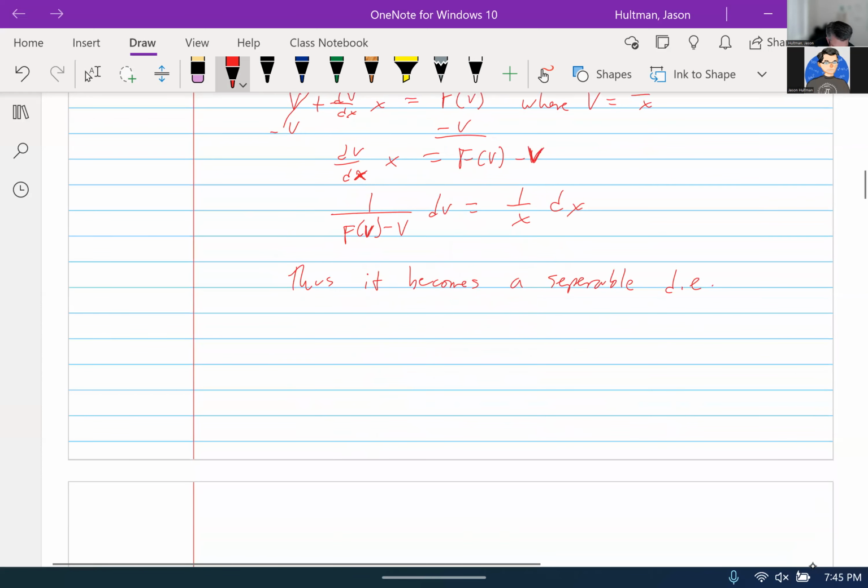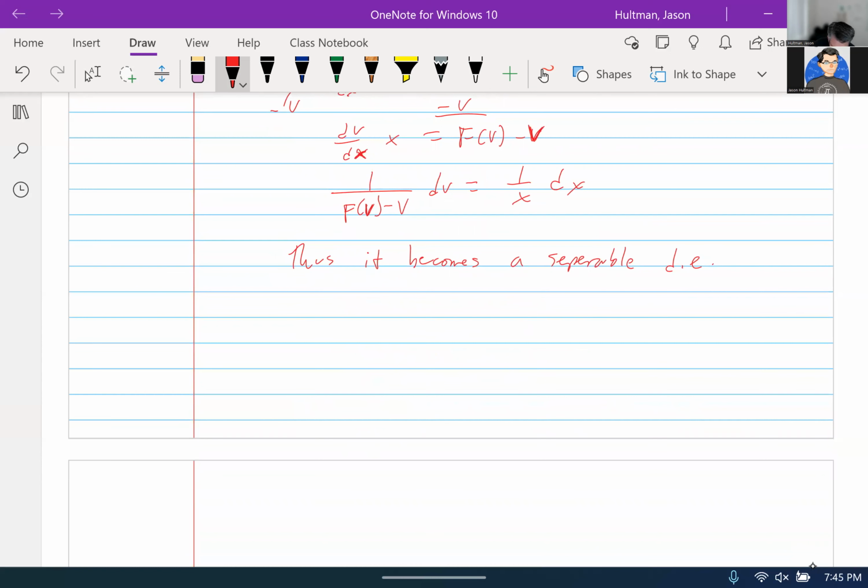Okay, so let's just jump right in and see what we're talking about here. Number 2. Find the general solution to the differential equation dy dx is equal to 4x plus y over x minus 4y.